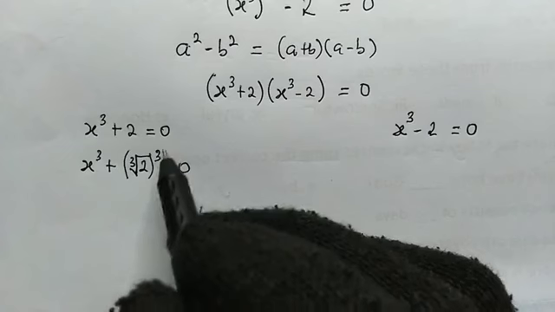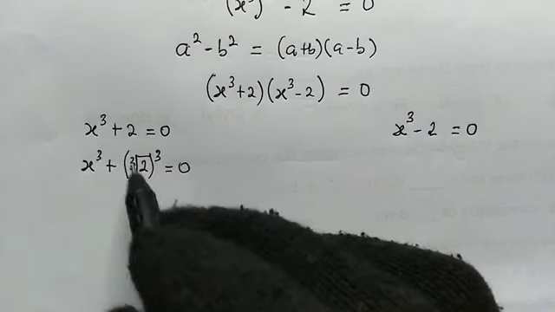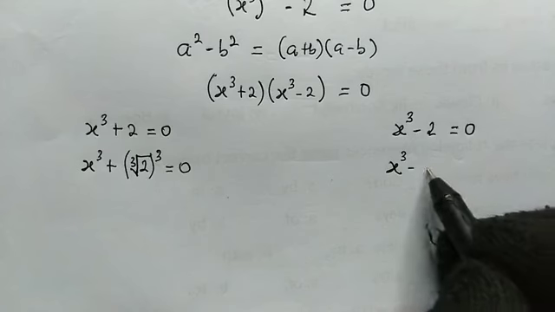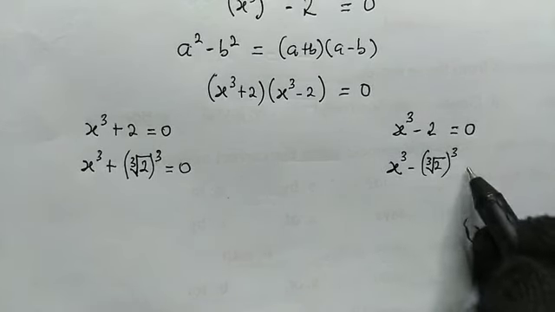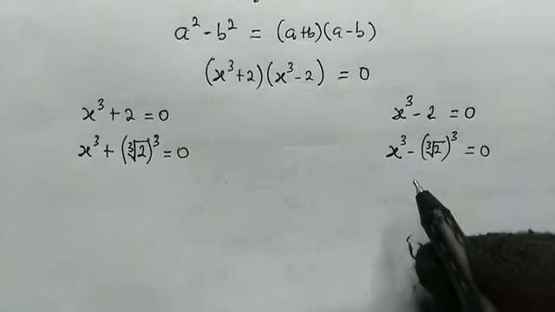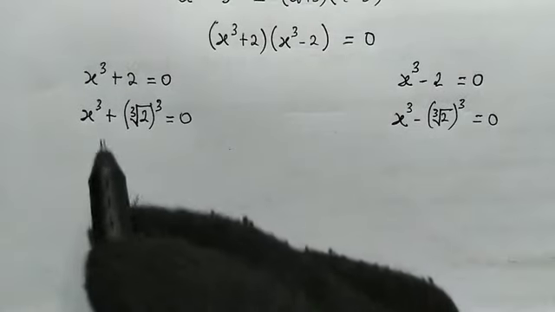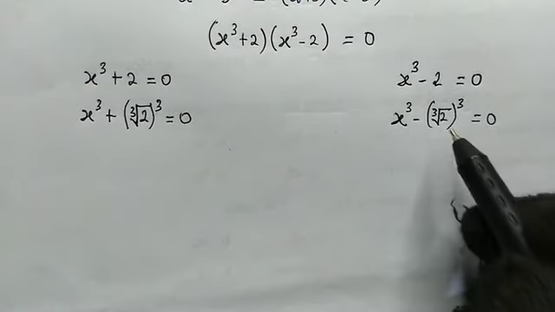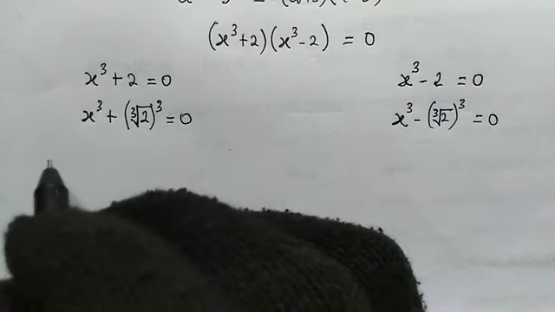We all know that the cube will cancel the cube root and we are left with 2, right? So nothing changed. And from here the same thing, we have x cubed minus the cube root of 2 cubed, and this is equal to 0. The reason for doing this is we can easily apply the formula for sum of 2 cubes here and the formula for difference of 2 cubes here, but we need to recall these formulas.